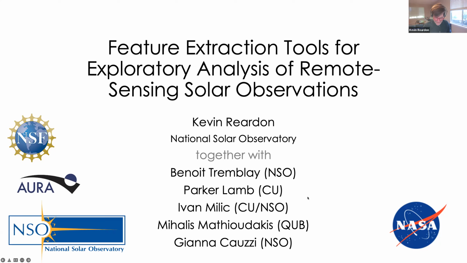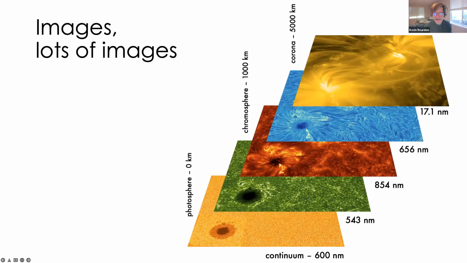So what is the focus here of the project? It's dealing with all these images we have of the sun. So I'm going to talk about feature extraction. We think about that sometimes in terms of full disk images and identifying sunspots and filaments and things on full disk images.